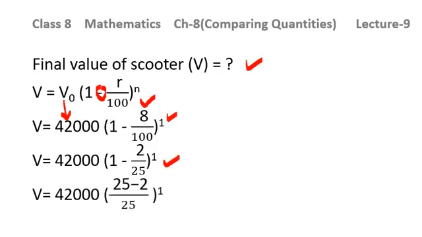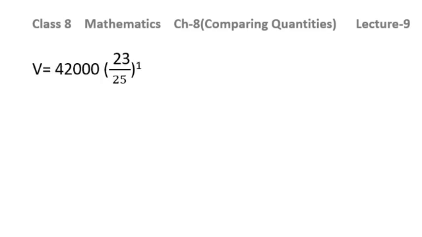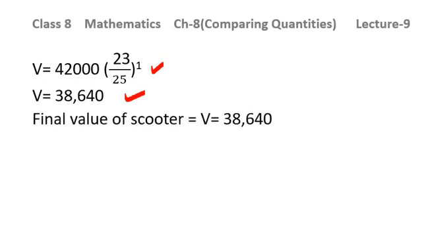After taking the LCM in the bracket, V is equal to 42,000 bracket 25 minus 2 over 25 raised to the power 1. So V will be equal to 42,000 bracket 23 over 25 raised to the power 1 after solving the bracket. Then V is equal to 38,640. So this is the final value of the scooter after 1 year.